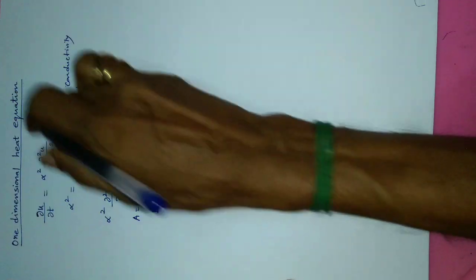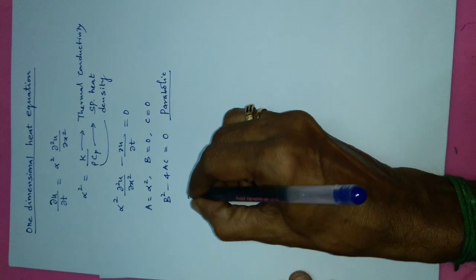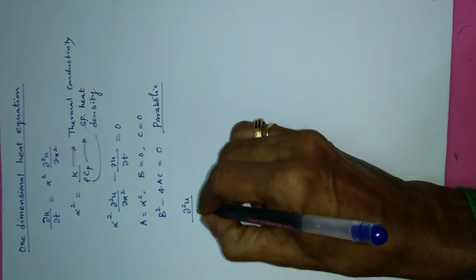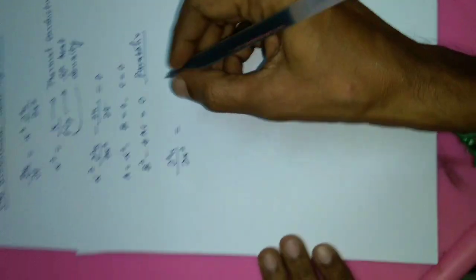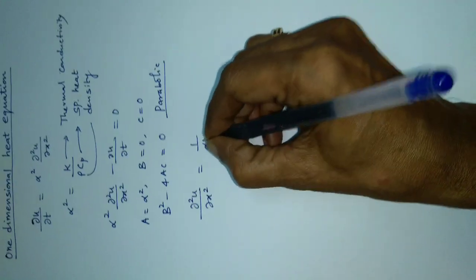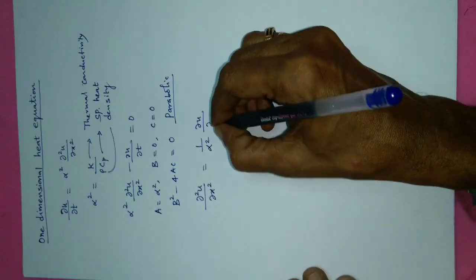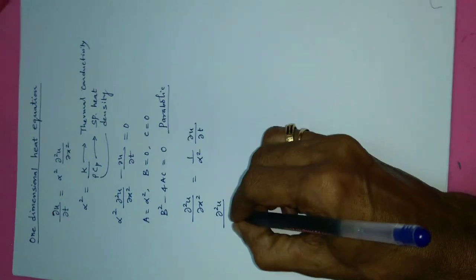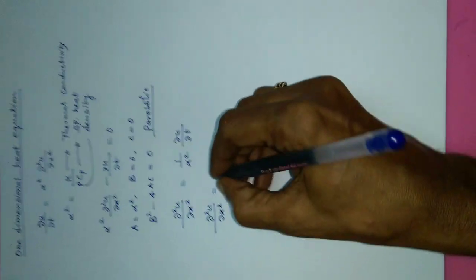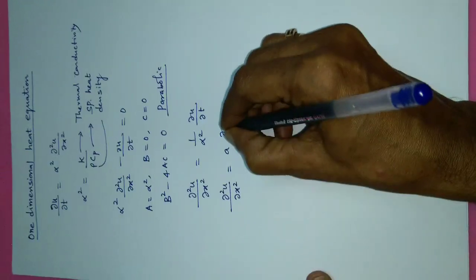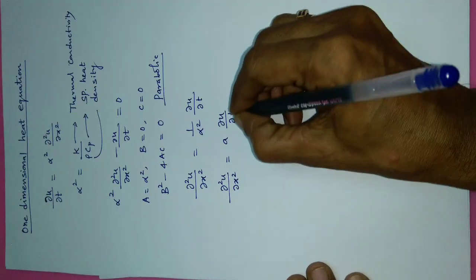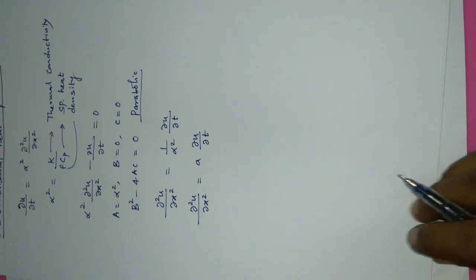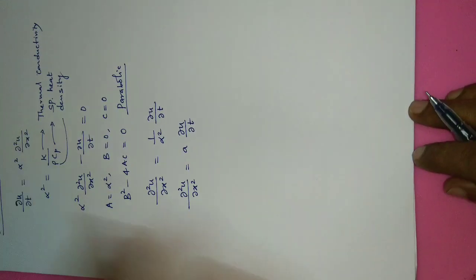As before, I'll rewrite this equation. So ∂²U/∂x² equal to 1 by α² ∂U/∂t. I'm going to name this constant as a single constant. So ∂²U/∂x² equal to A ∂U/∂t. Now we are going to analyze the finite difference solution for this particular equation.